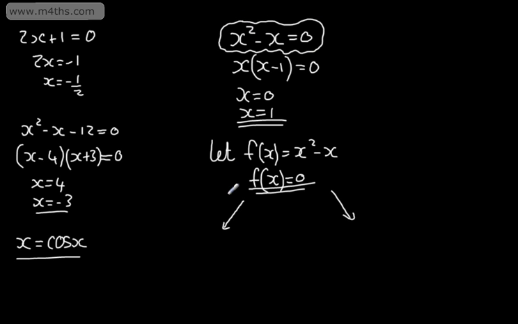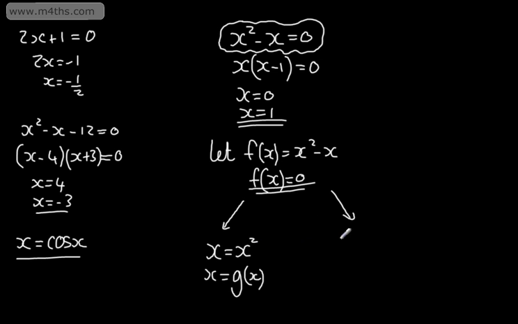The first one is the obvious one: x is equal to x squared. All I've done is add the x to both sides. So x is equal to g of x, where g of x is x squared. That's my new function of x.